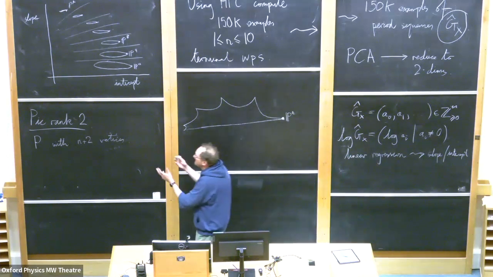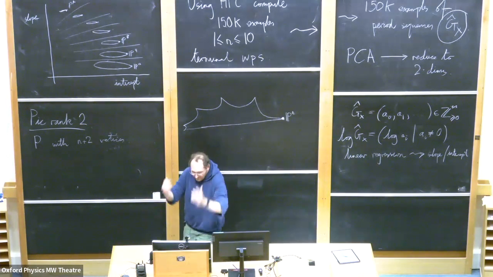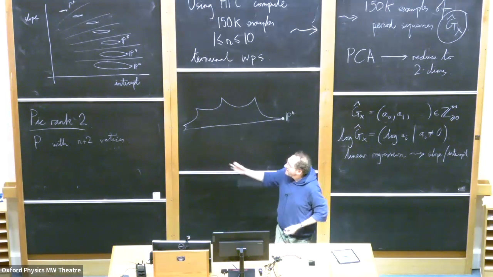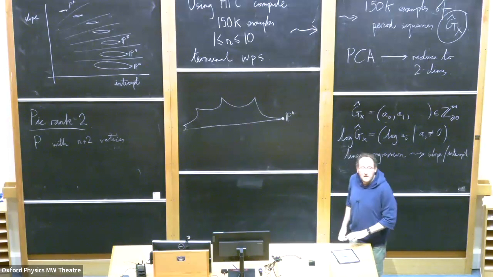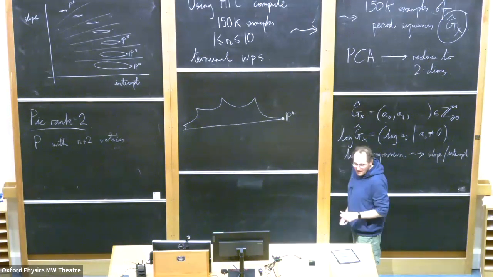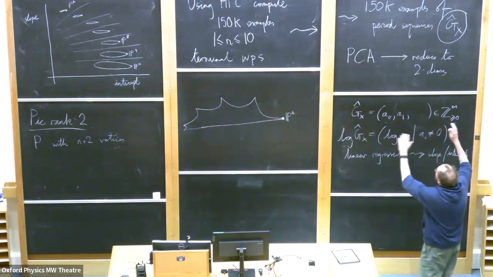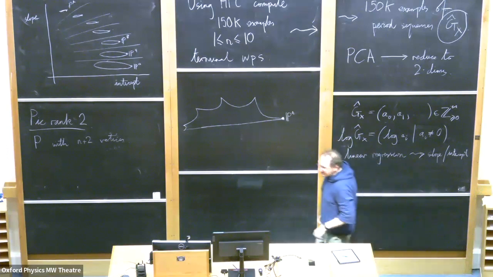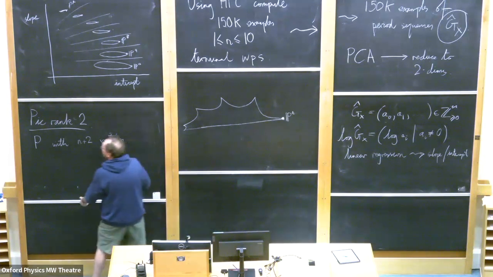You can just go away and generate thousands and thousands of lattice polytopes with n plus 2 vertices. You find the ones that are terminal, a lattice point count problem, and you play the exact same game. This PCA thing didn't have anything to do with it being a weighted projective space. And you get similarly great results.